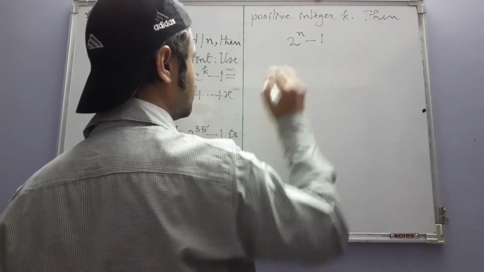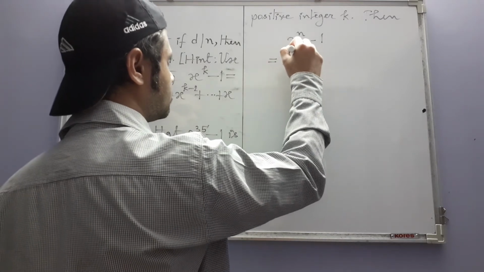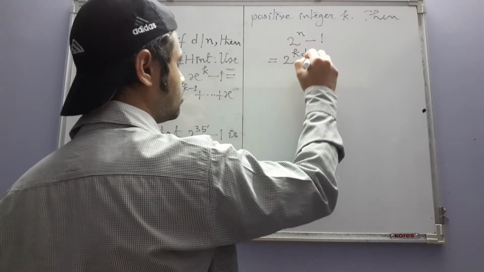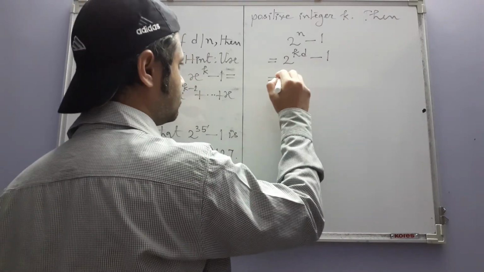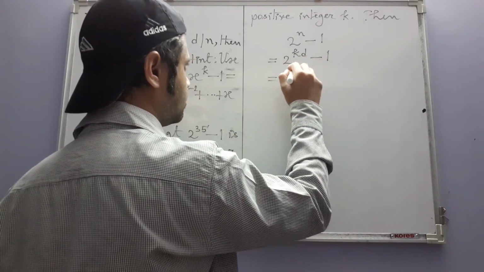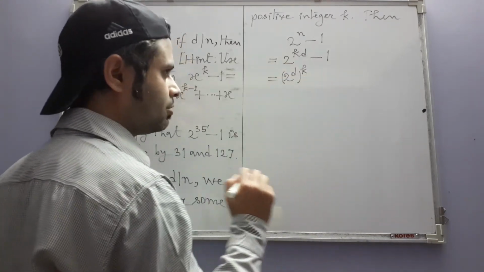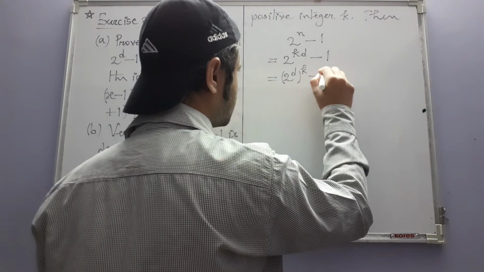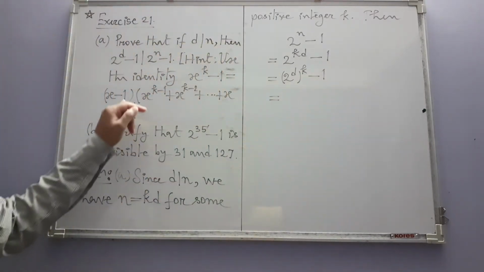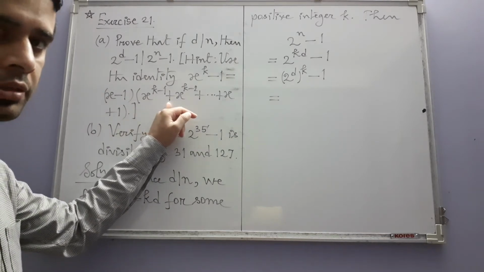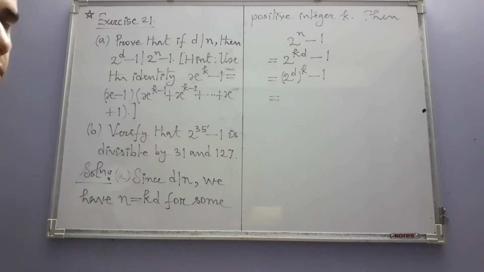two to the nth power minus 1 is equal to 2 to the power kd minus 1, that is equal to, you can write it as the kth power of 2 to the power d minus 1. So now we can use this formula from elementary algebra with 2 to the power d in place of x.